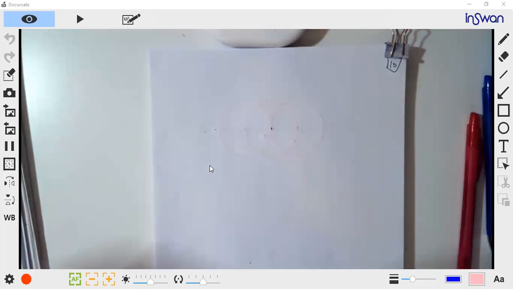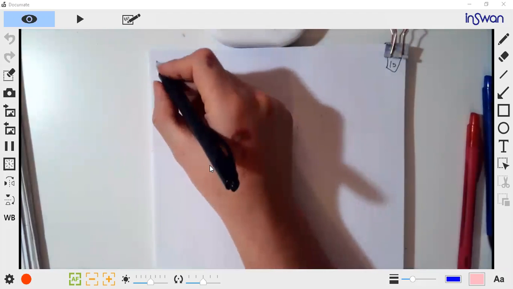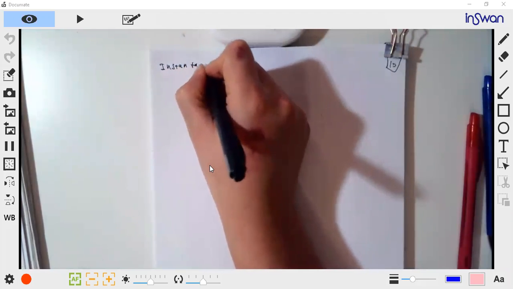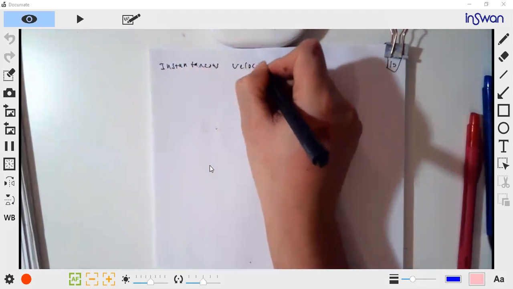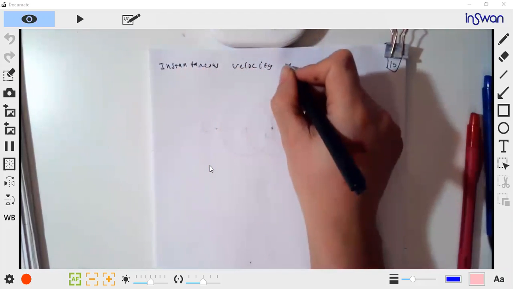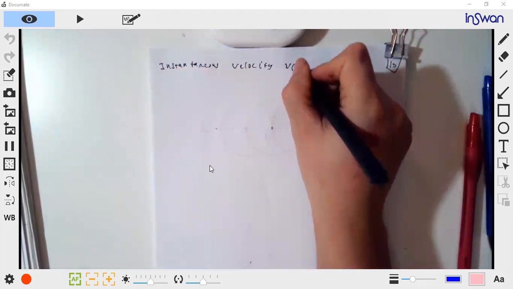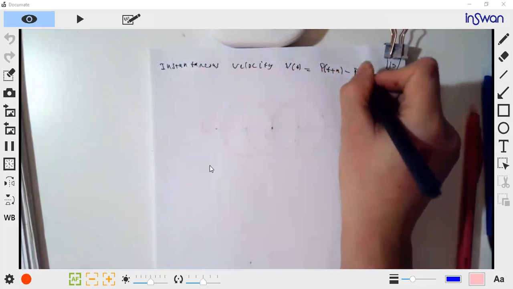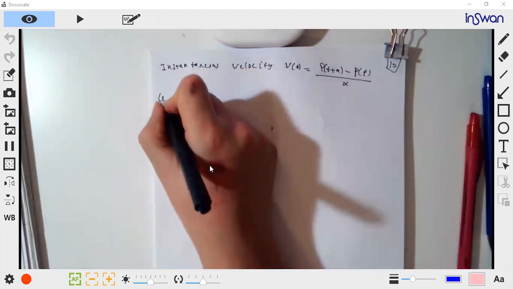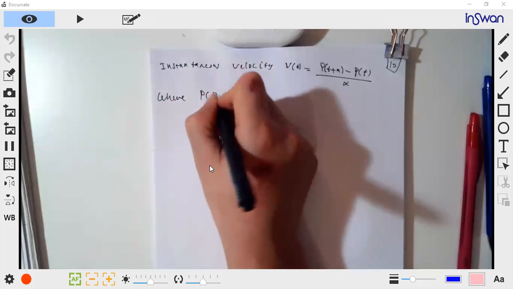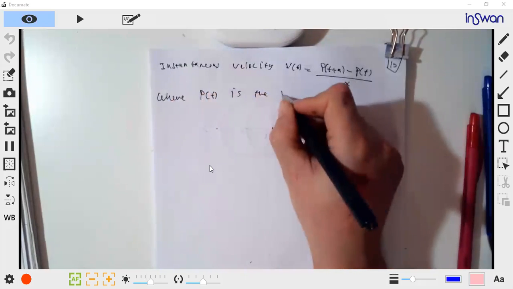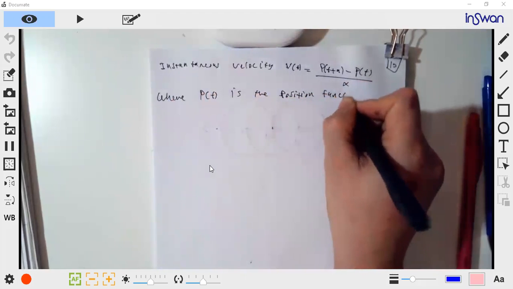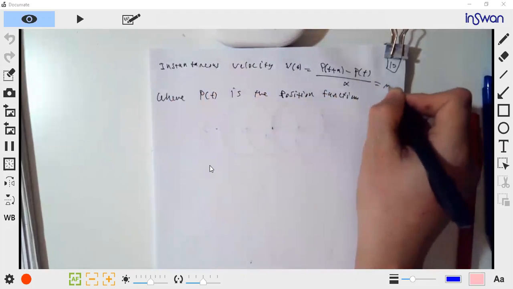So, instantaneous velocity. V of t is equal to p of t plus alpha minus p of t all over alpha, where p of t is the position function. Notice that this equals your slope.